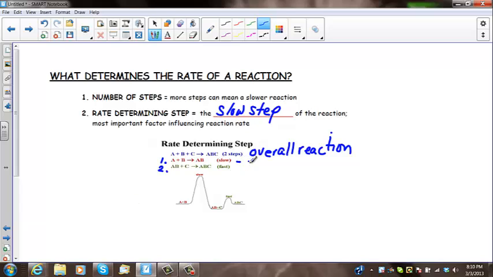So this, remember, is the rate determining step. If we were to look at this reaction, A plus B going to the top of this peak, this is step 1. That's your slow step. And then AB plus C going to here, this is a fast step. This is step 2.